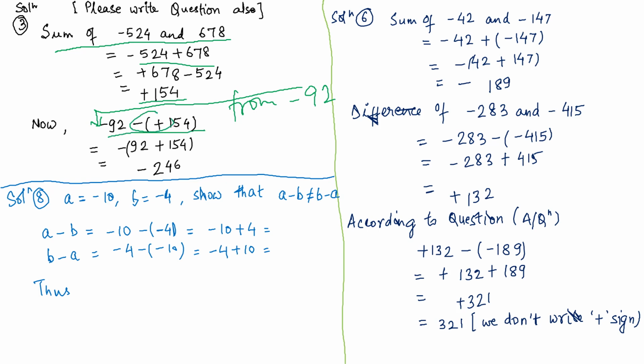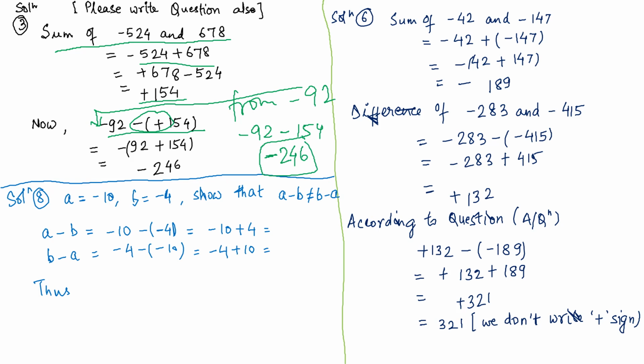Now minus into plus will be a minus. Minus 92 minus 154, both of them are negative, so we will add them. 4 plus 2 will be 6, 9 plus 5 will be 14, so 246. And both of them have negative signs, so the answer will have a negative sign.